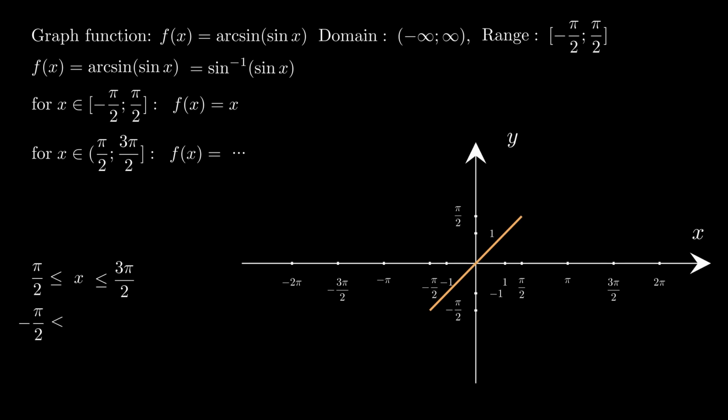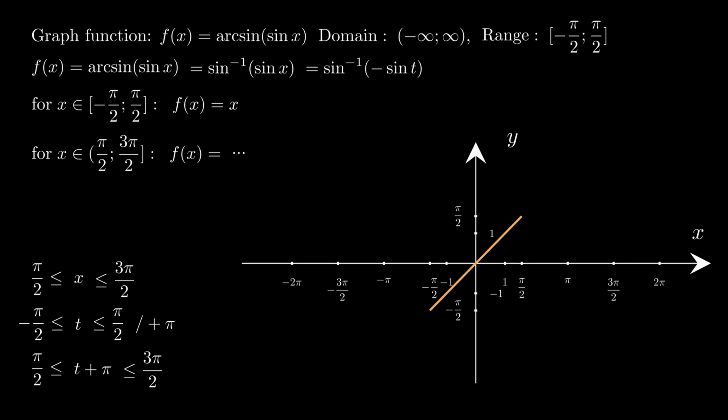To achieve this, we will use an auxiliary variable t, and we will limit it to the interval from minus pi over 2 to pi over 2 again. Now we need to add pi to our inequality to get the same constraints as in the case of x. Thanks to this, we can now substitute t plus pi into our function.